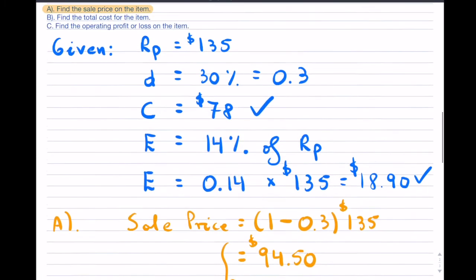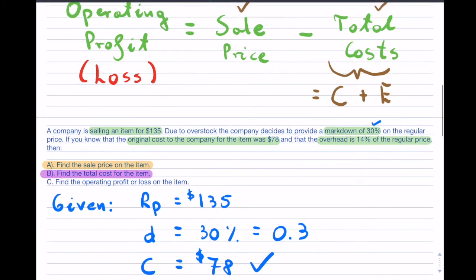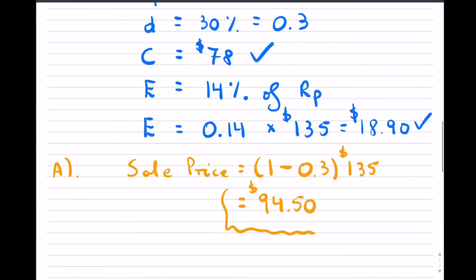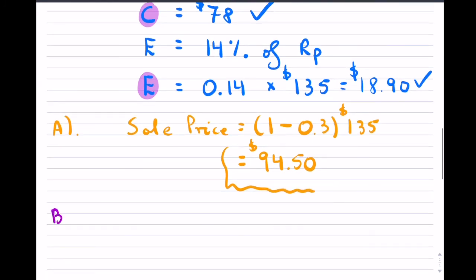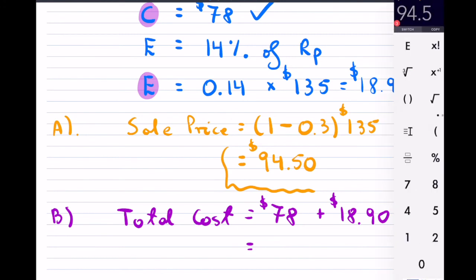I will go back here. B, find the total cost. Well, total cost is your cost of purchase and your operating expenses. Now, we actually know both of these. That's my cost and that's my expenses. So for part B, my total cost is equal to $78 plus the $18.90.